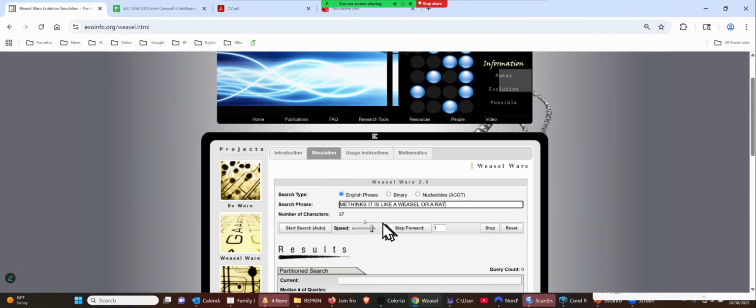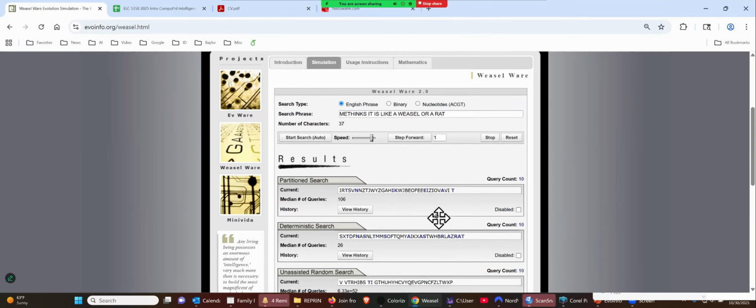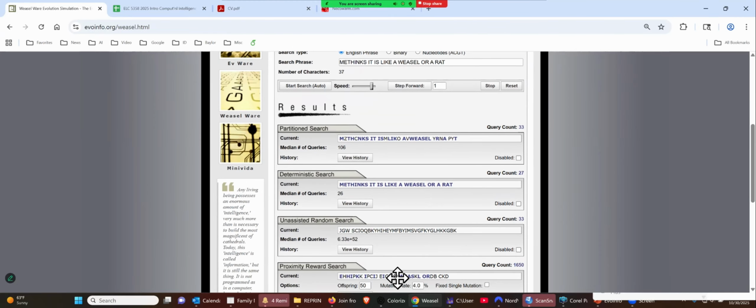So I'm going to go up here and hit start search, and we'll see things happening here. You can see that the deterministic search got it, like I said, in 27. It just checked and it did very well. If you look at the partition search, where it kept the best result, and if you mutated it and it was worse, you discarded it, went back to the original, and mutated it again, this converged at 106 queries.